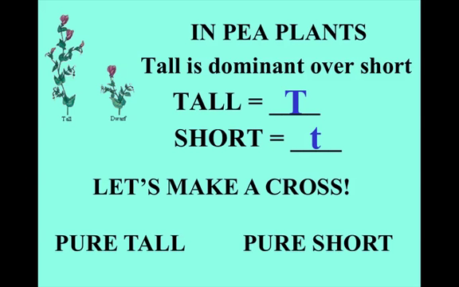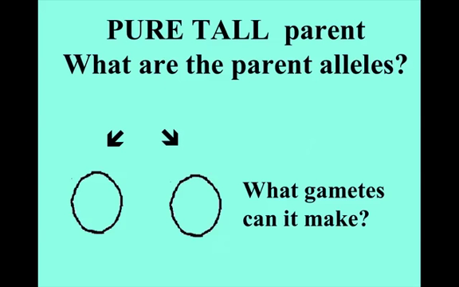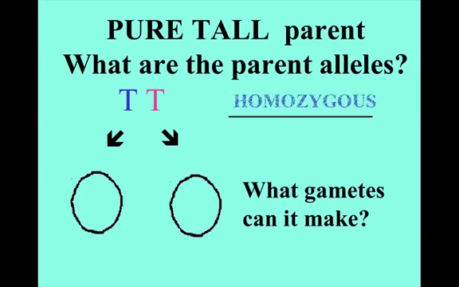We're going to cross a pure tall plant with a pure short plant. What do pure tall parents look like? So what are the alleles? Remember, we used capital T for tall. If it's a pure tall, it's going to have 2 capital T's.